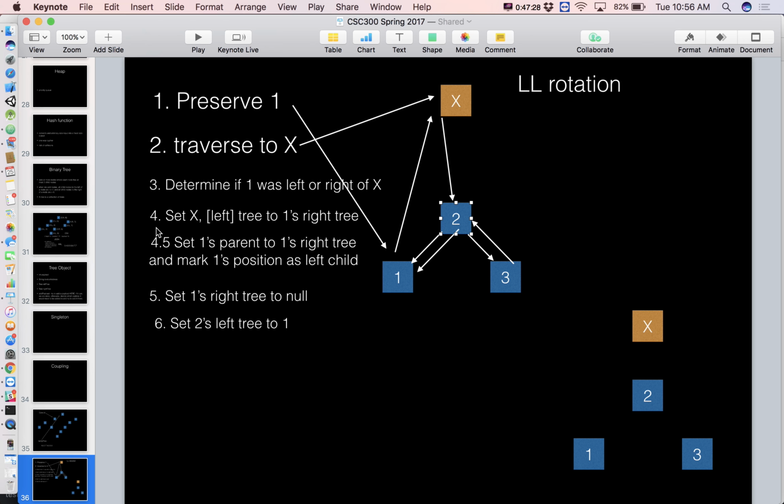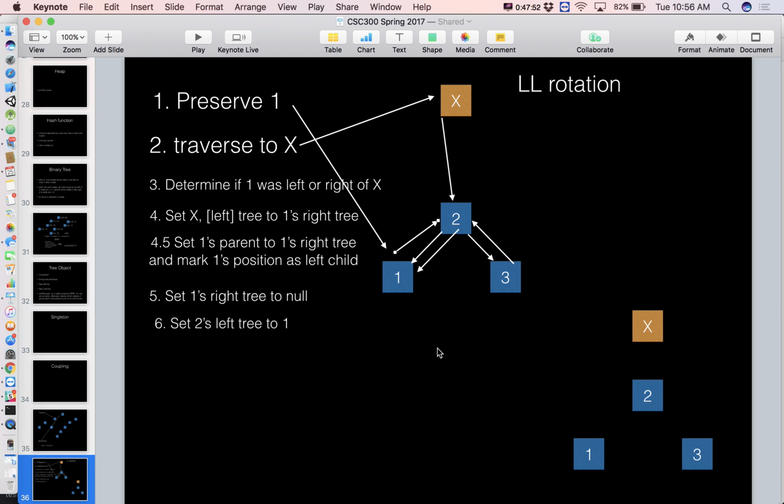We then set one's parent, so this guy, to one's right tree. Then we set one's right tree to null. So it used to still point back up there, but now it's nothing.